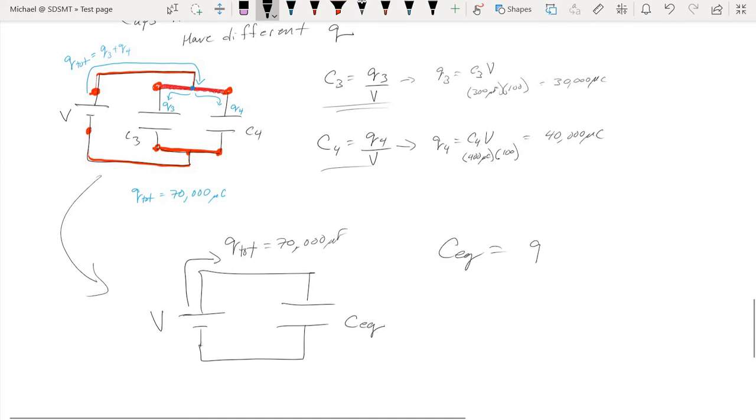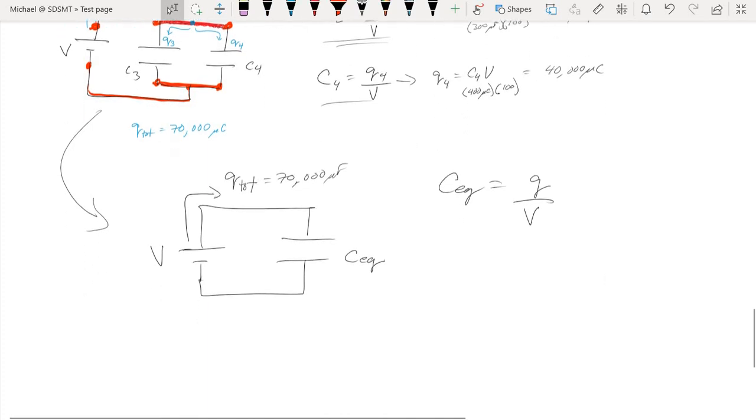We know from our ratio definition that, actually, this is ready to go. The 70,000 microcoulombs divided by the 100 volts would have to equal an equivalent capacitance of 700 microfarads.